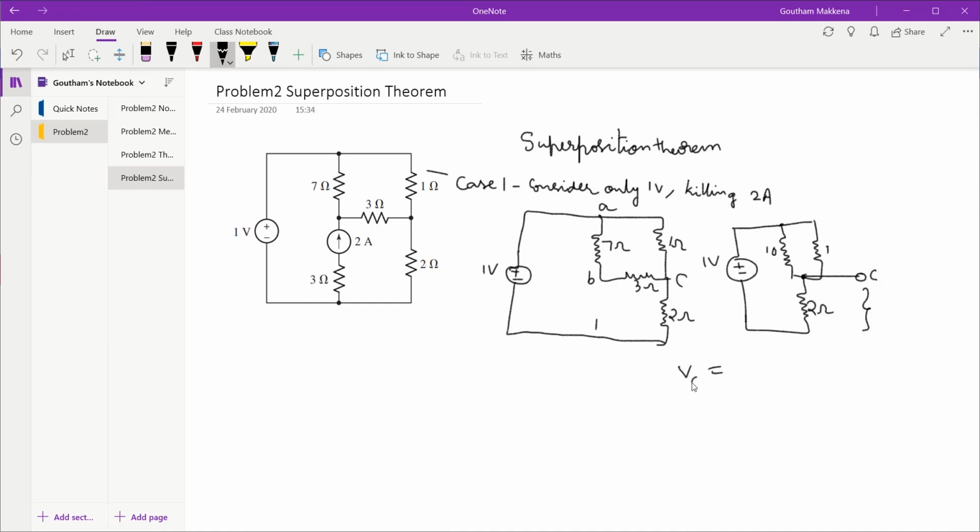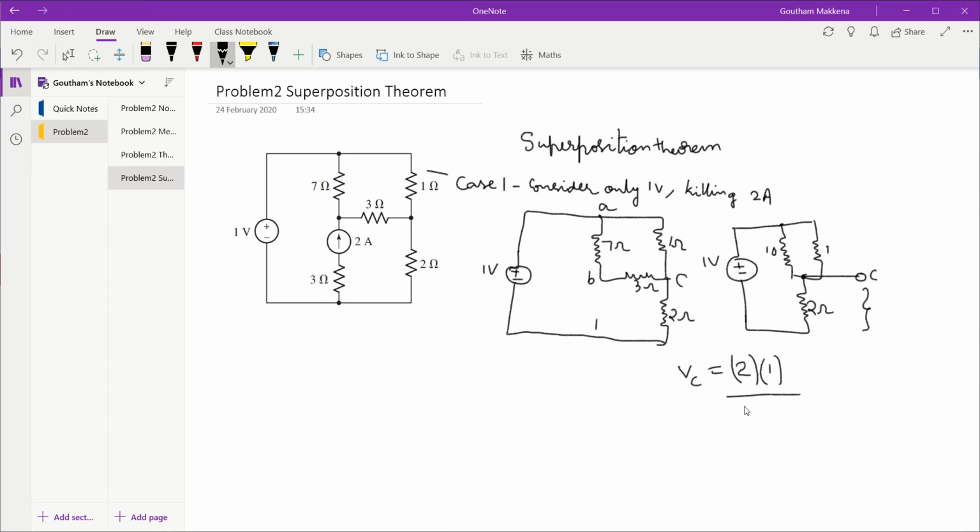So VC would be the resistance across which the voltage is required, that is 2 ohms, times the total voltage, here 1 volt, divided by the total resistance seen by the circuit. That is, 10 and 1 are in parallel, and that equivalent is in series with 2 ohms.